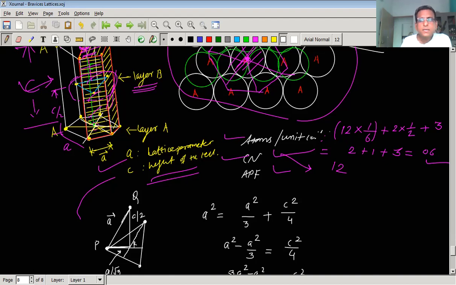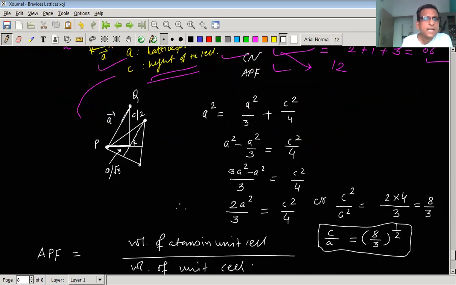If we see, this is the basal plane, isn't it? So actually they consist of 6 triangles. So how we can calculate the area of this base into height of the unit cell, which is C.